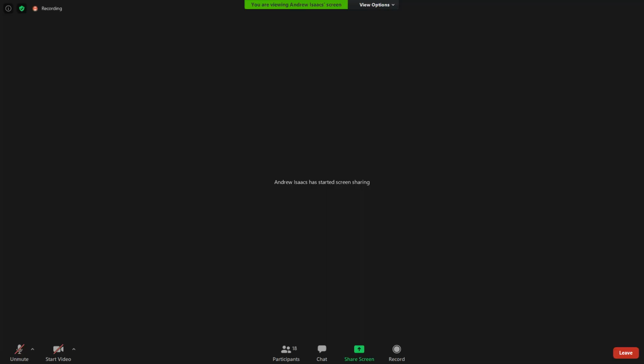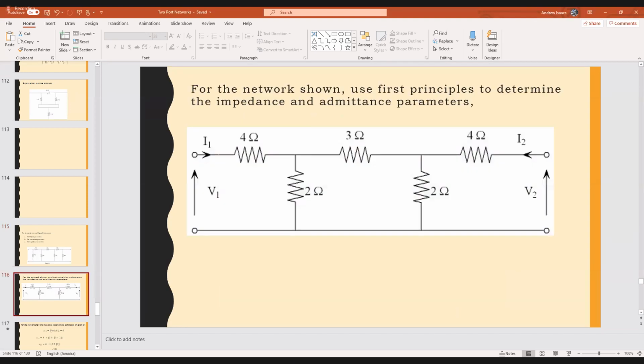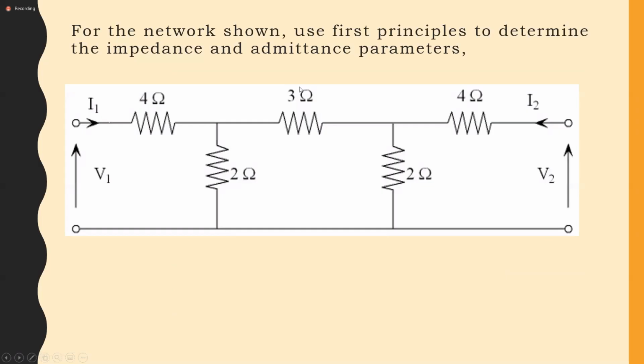I note on Schoology that there has been no input in the discussion forum. And so the only assumption I will make there is that the topic has been presented with some clarity and that you have completed the questions without any issue.